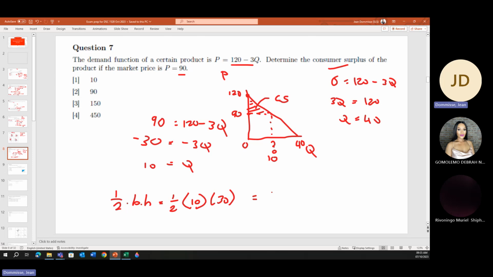So a half times 10 times 50 is 300, and we get to 150, which is option 3.